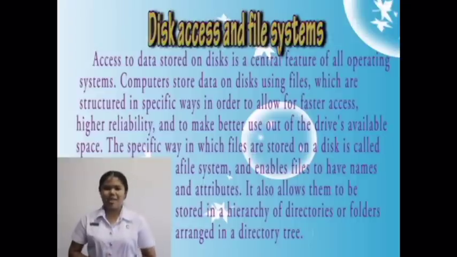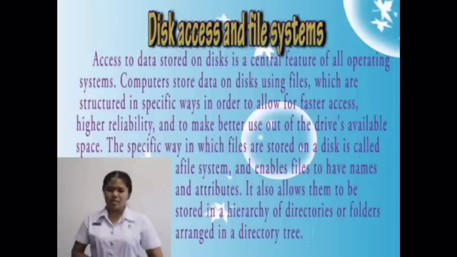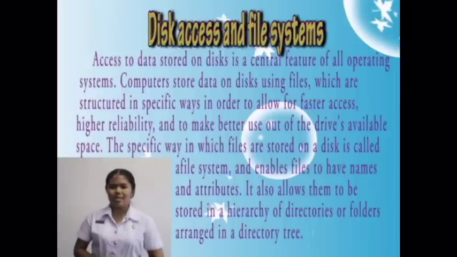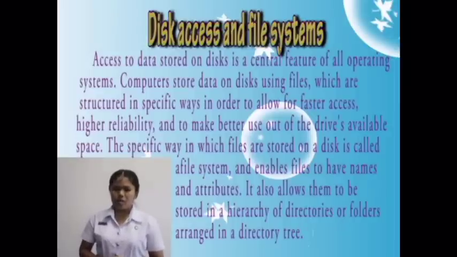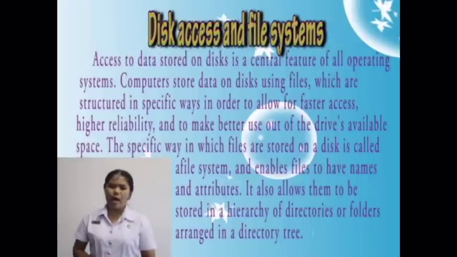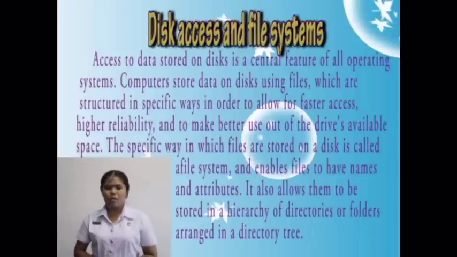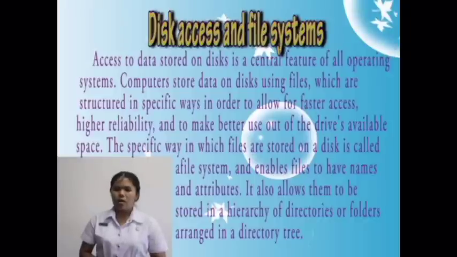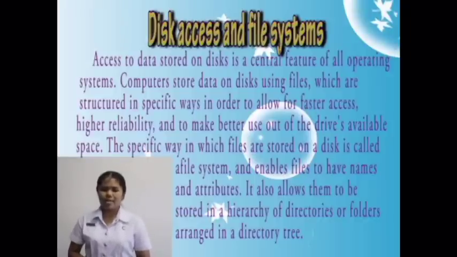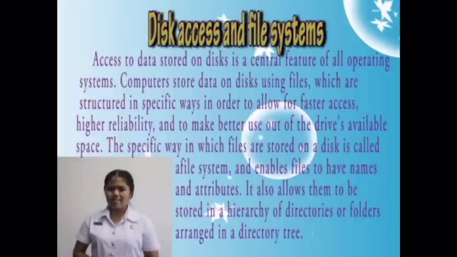The specific way in which a file is stored is called a file system, and files have names and attributes. All of them are stored in a hierarchy of directories, further arranged as a directory tree.